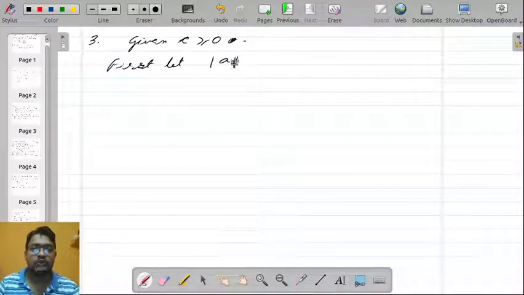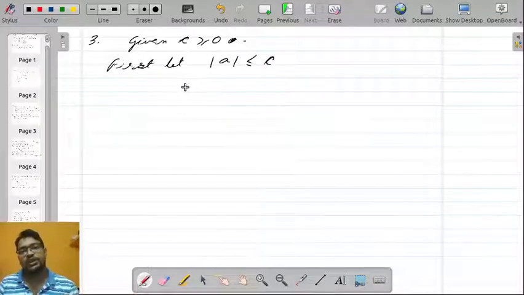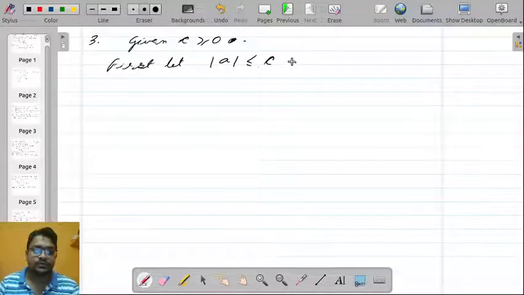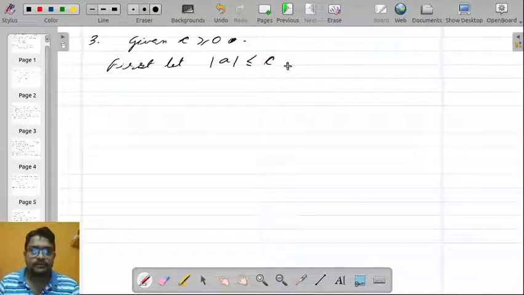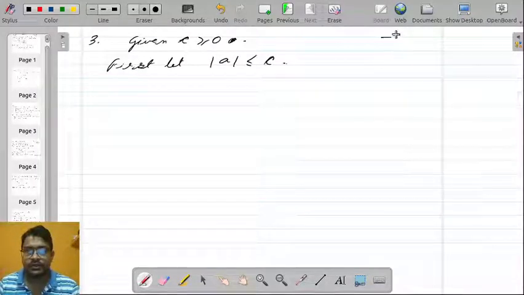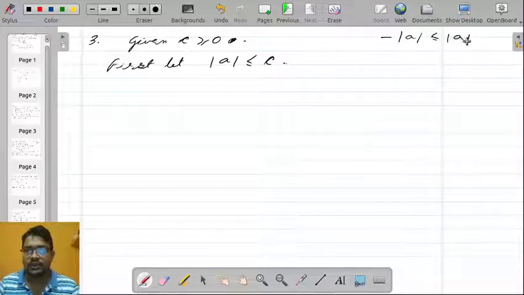So first let mod A be less than or equal to C. Okay, so if mod A is less than or equal to C, then what can we say? See one thing you can see that minus of mod A is always less than or equal to mod A, right?